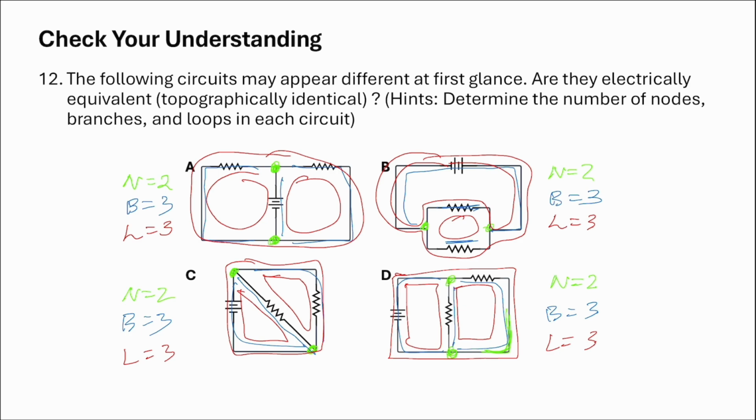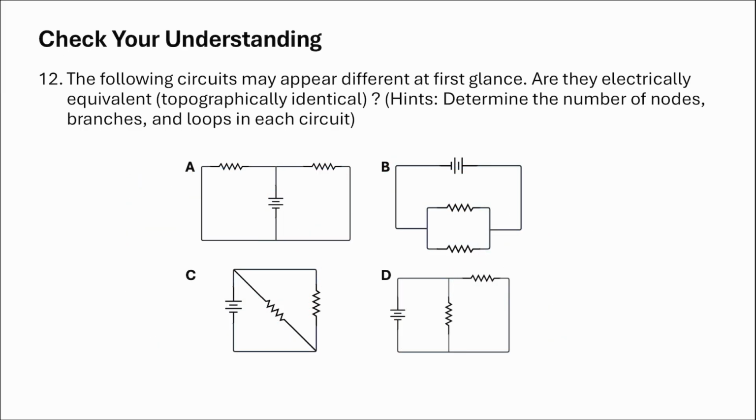Now I want to redraw all the circuits, to convince you they are actually the same. For A, because you have 2 loops, I can reshape this circuit and put it here. Now this branch here, I can flip to the other side.